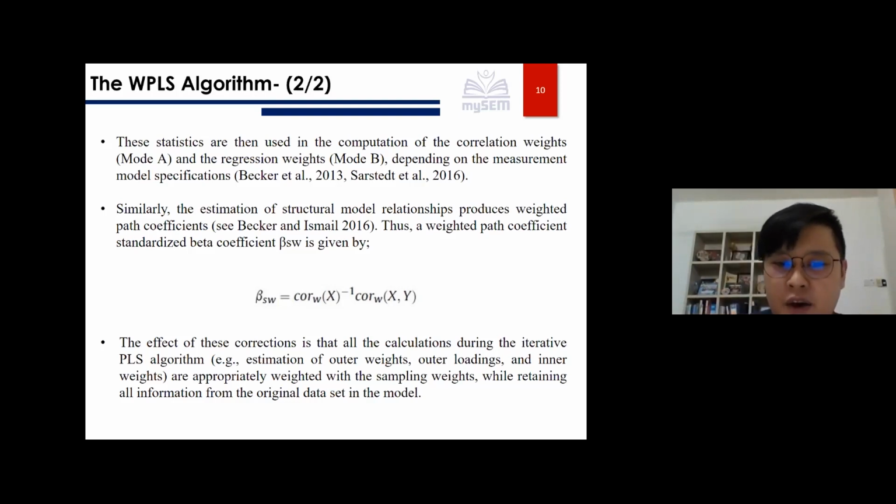With this, when you move into the structural model stage, we will have another type of path coefficient called the weighted path coefficient. We look into the standardized beta coefficient, BSW. BSW stands for your path coefficient beta value becoming the weighted score.